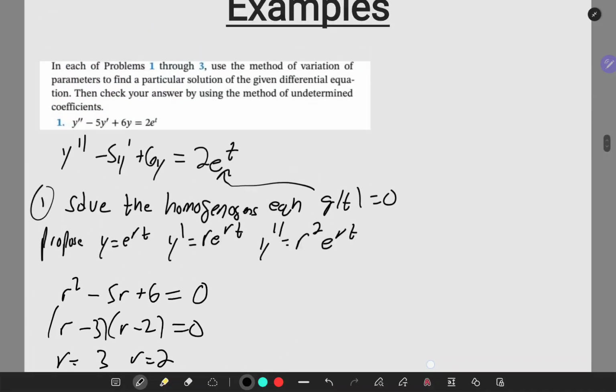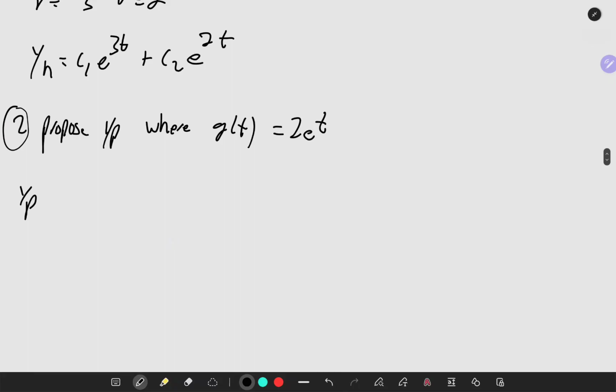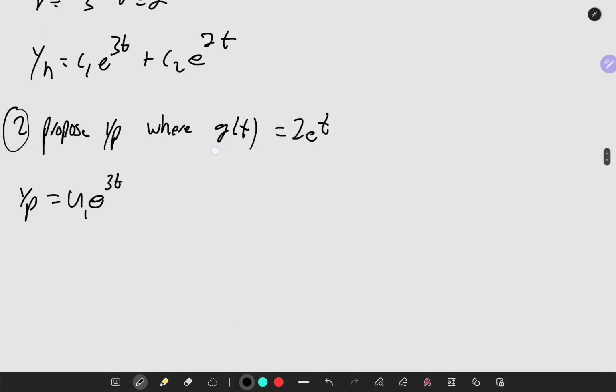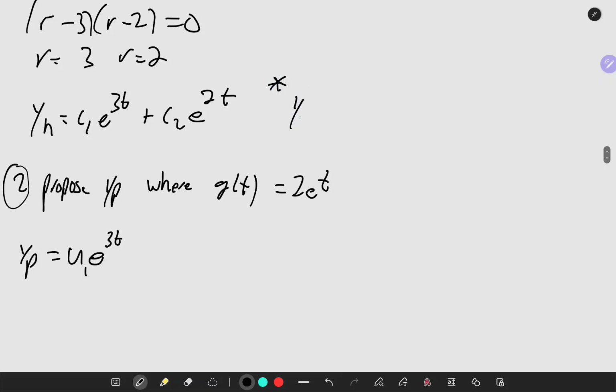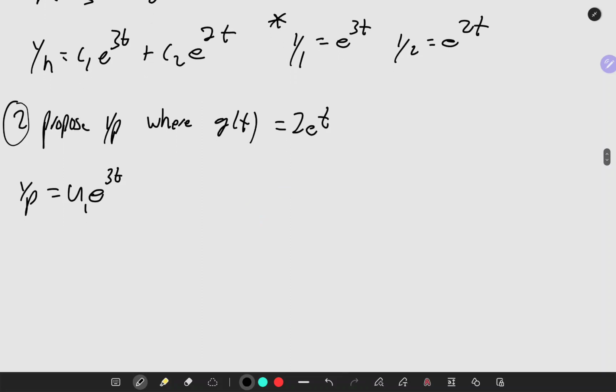Remember, we're going to take what we have for y sub h and replace the c's with u's. So if we take our y1 and y2 and multiply them by u1 and u2, we have u1 times y1, which is e to the 3t. Just in case you wondered where my thought process is, that's u1 e to the 3t plus u2 e to the 2t.